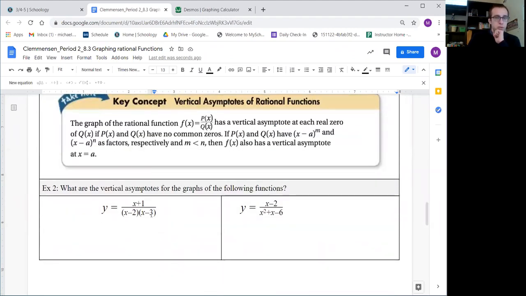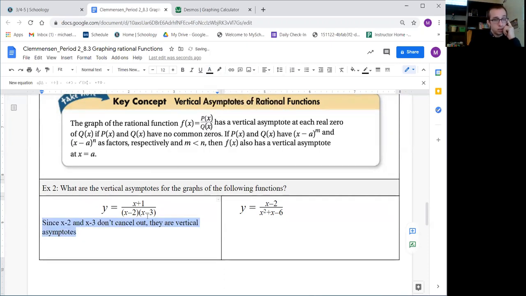So like in this case, we have an x minus 2 and an x minus 3 right here. Since they do not cancel with the numerator, they are vertical asymptotes.